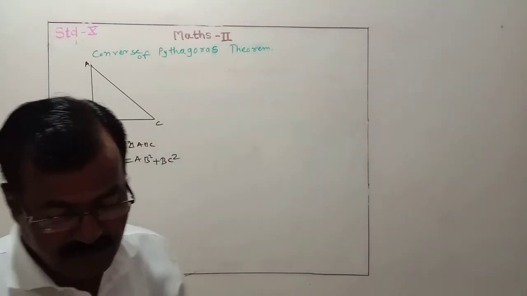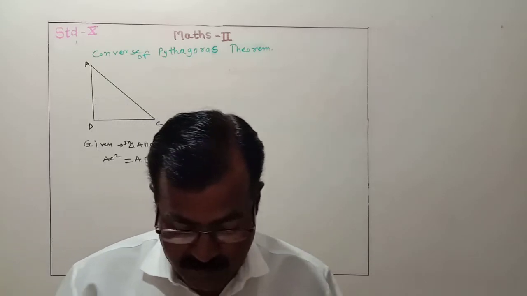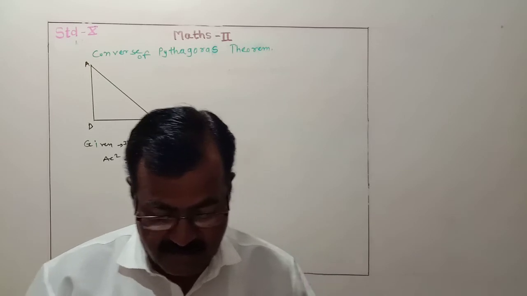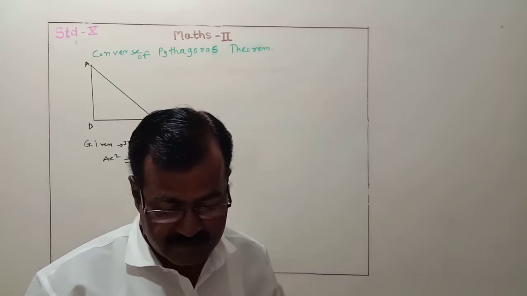This is given, meaning the square of one side is equal to the sum of the squares of the remaining two sides, then the triangle is a right angle triangle.